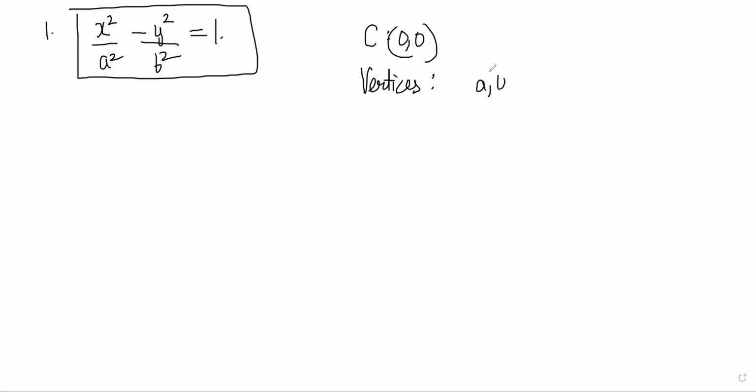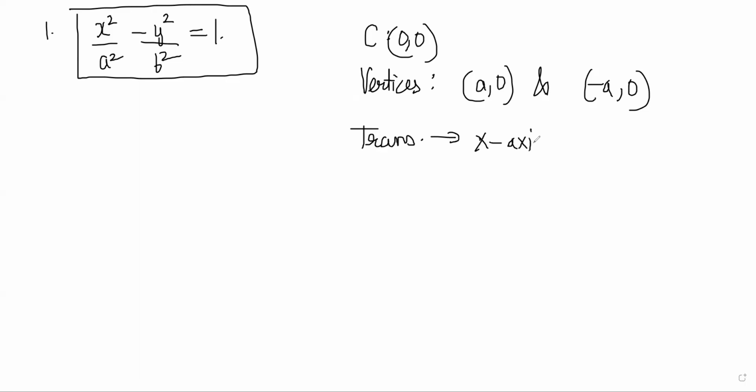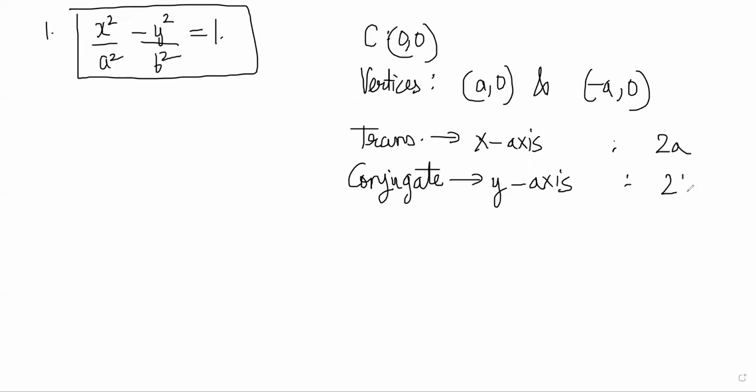So those are a comma 0 and minus a comma 0. Now similarly, we can say transverse axis is x-axis. Conjugate axis is the y-axis here. Length of these axes are 2a and 2b.